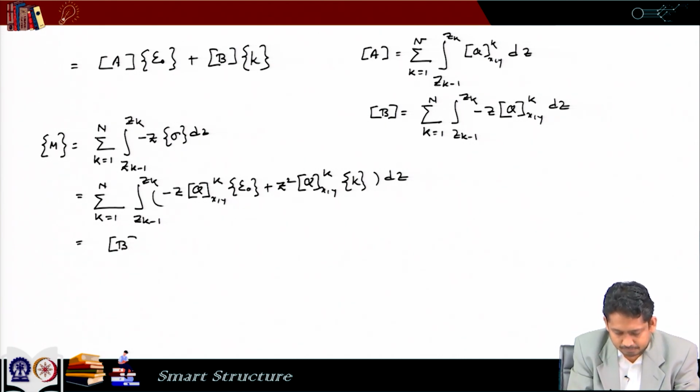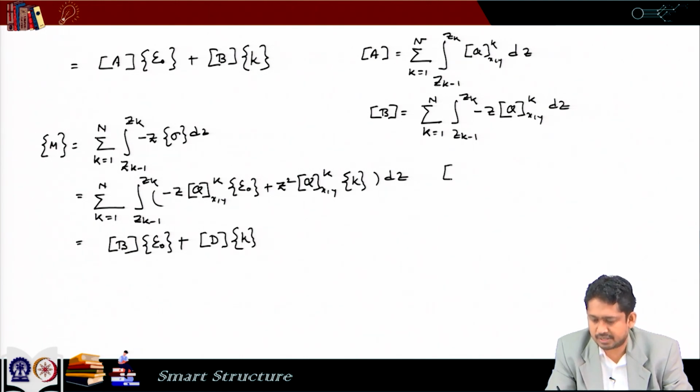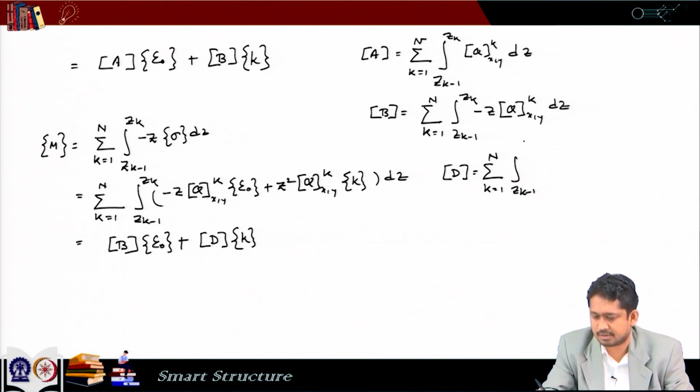So, this is B into epsilon 0, and here we have z square q, its integration and its summation, and let us call this quantity D. So, let us define D as summation k is equal to 1 to n of the integral of z square q over z k minus 1 to z k.